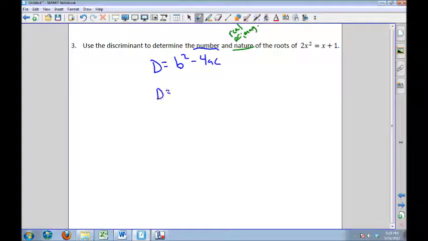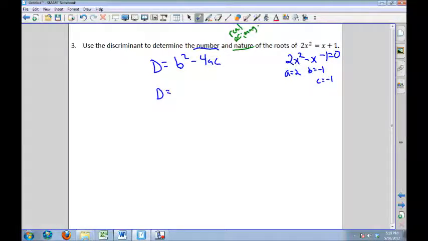The discriminant for this equation, I first have to get it into standard form. To do that, I'll bring all my variables to one side, end up with 2x squared minus x minus 1 equals 0. My a is 2, my b is negative 1, and my c is negative 1 also.